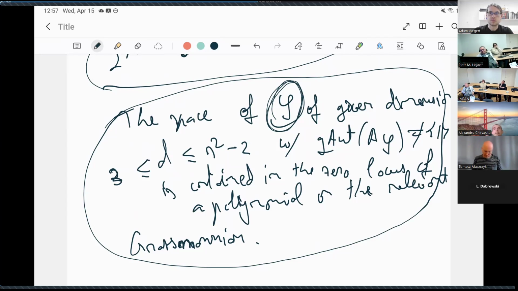Similarly, if I'm dimension n squared minus 1, my orthogonal complement is spanned by a single operator. That's all that's happening. So this is the only reasonable range. You can't extend the range reasonably and still expect trivial automorphism groups. A very simple explanation. Okay, thank you. Very clear.